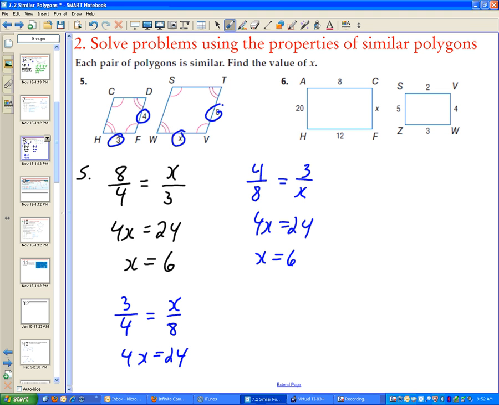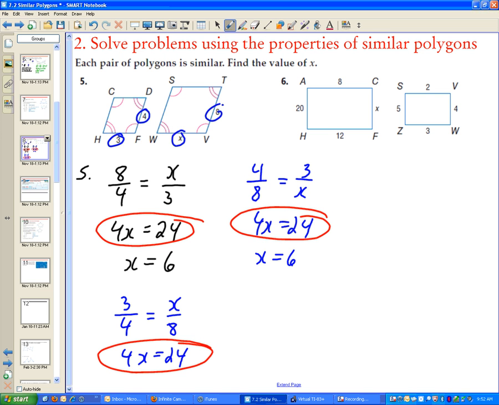Now, I don't recommend doing that because if they're not similar, you'll never notice it. Okay? But there's always more than one proportion that works. Because as long as you're getting that with your cross products, it's the same proportion really, isn't it? So there are several different versions that you could write down.